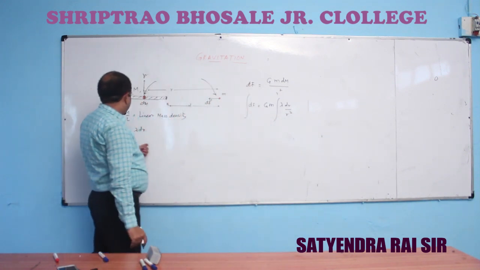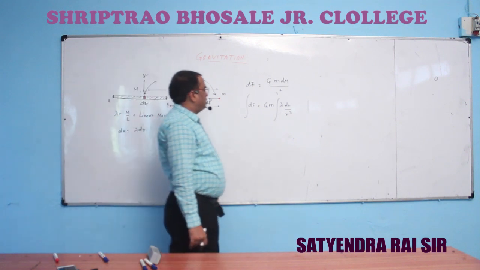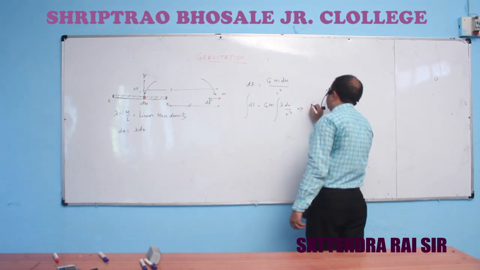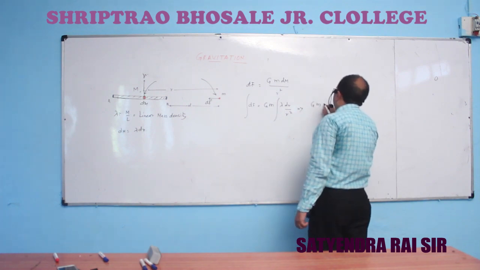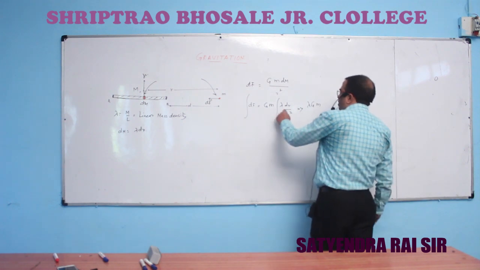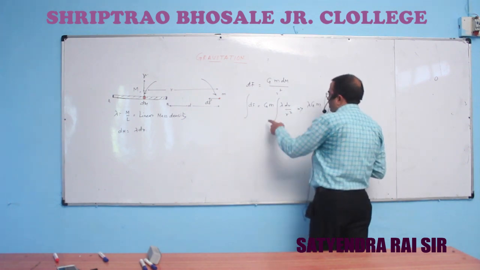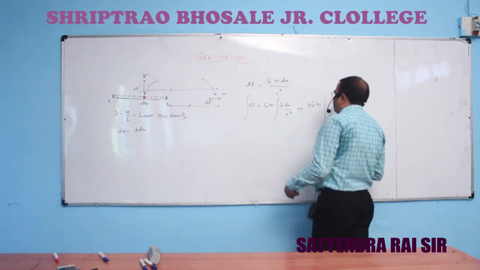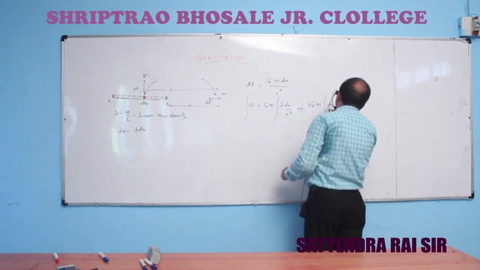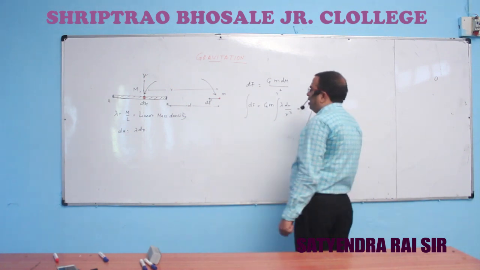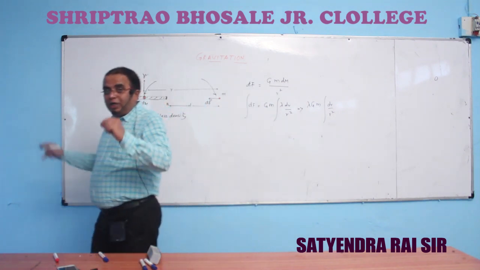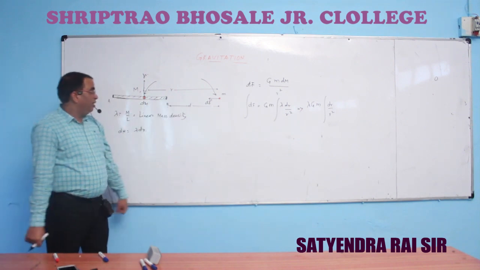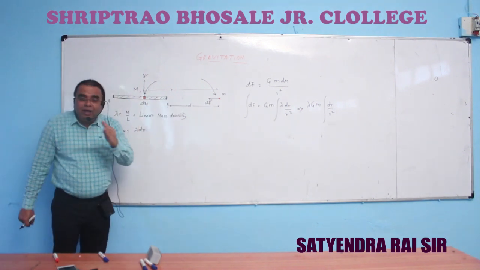Since lambda is constant, it is not integrable, so we take it out: G lambda m into dr upon r square. And r is the distance between the element and the point mass. But this is not the case of a single element.